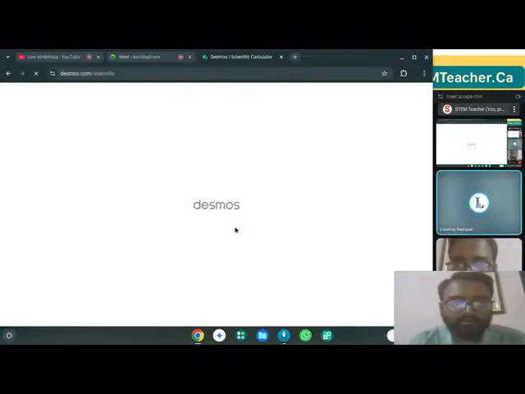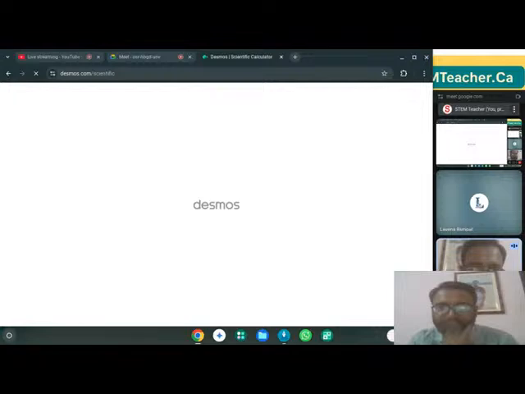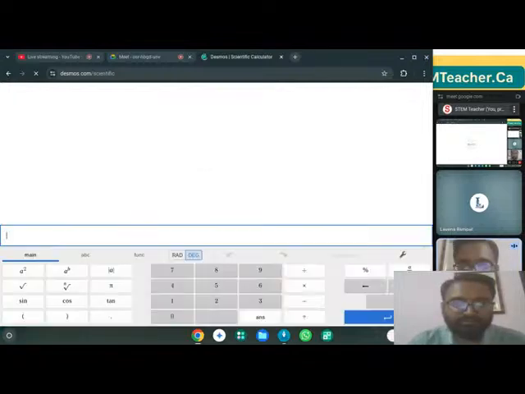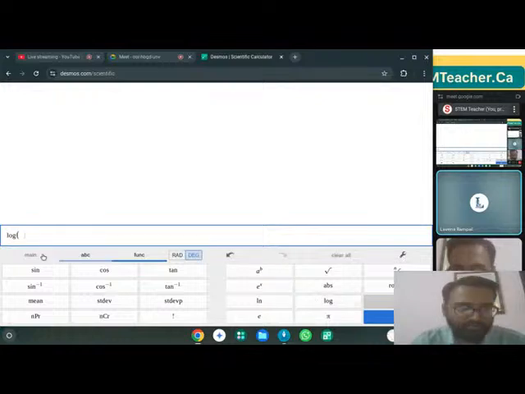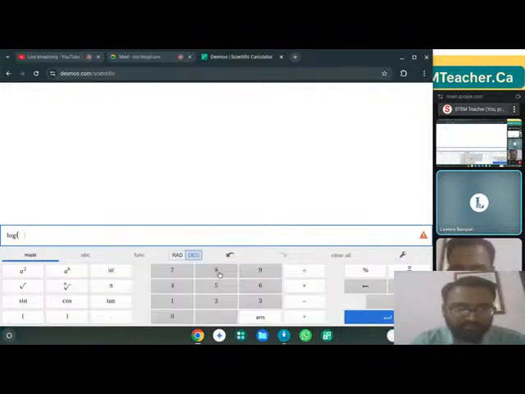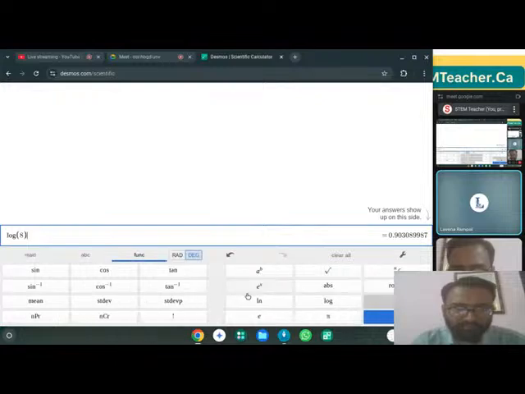Log 8 by log 2, which is function log 8 by log 2.